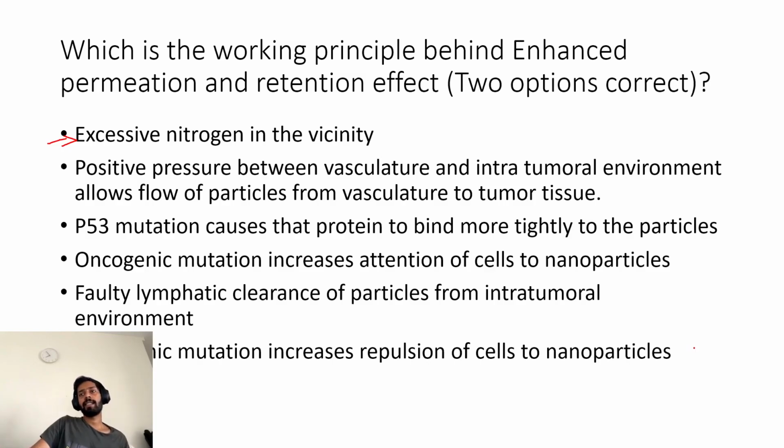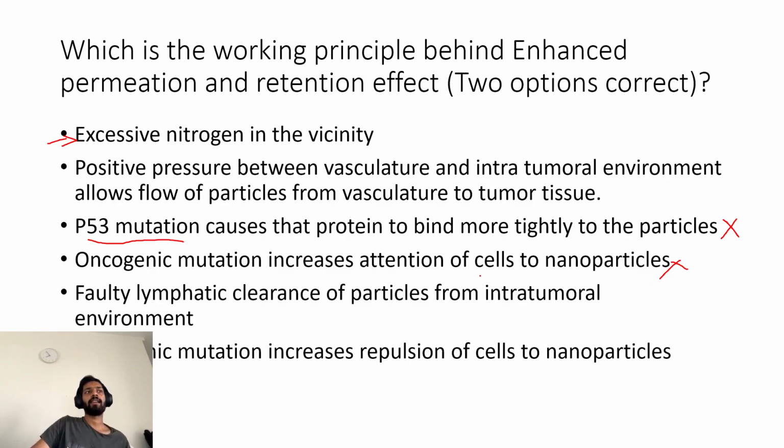Obviously, the entire process has something to do with mutations, but the enhanced permeation and retention effect is not directly affected by specific mutations in the cancer cells, right? So P53 mutation has nothing to do with it. Oncogenic mutation increases attention of cells to nanoparticles. This is not true.